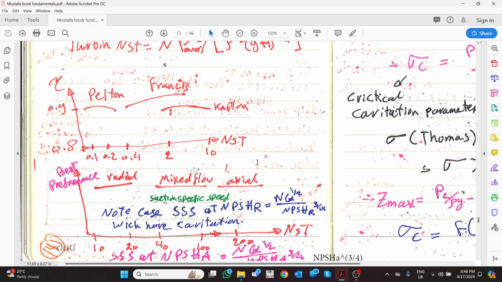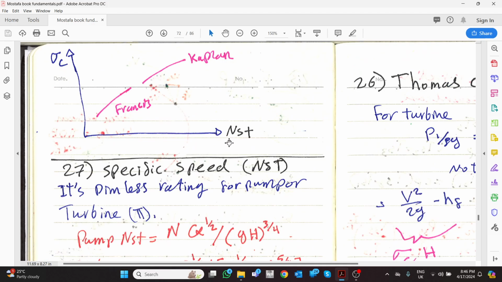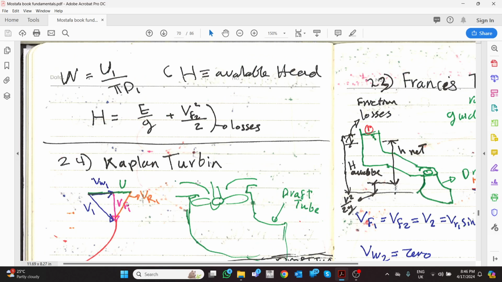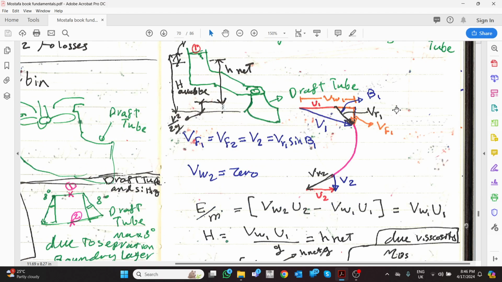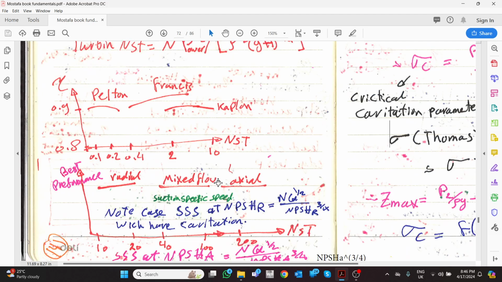Axial, you know, it is an axial pump, which is like an impeller, for example. This is an axial pump, and this is fully centrifugal. So based on this, you can select which pump you're going to select. You already selected the pump.